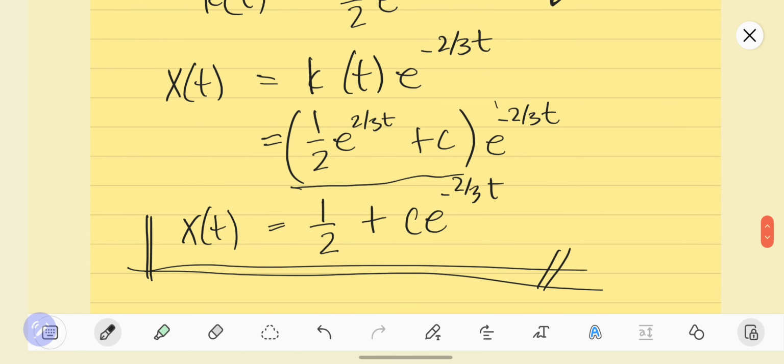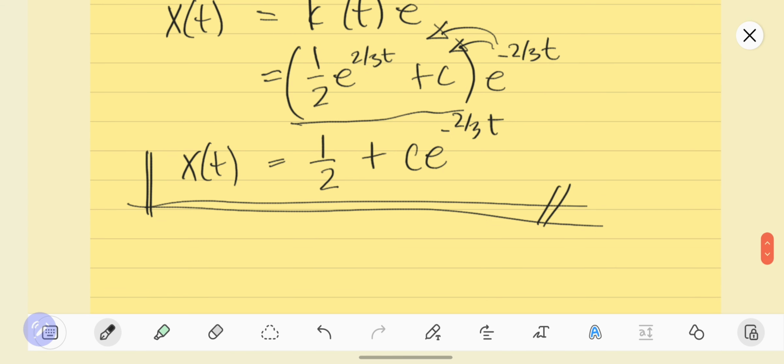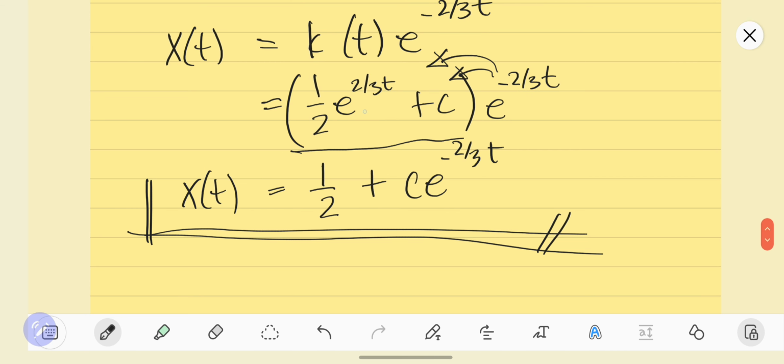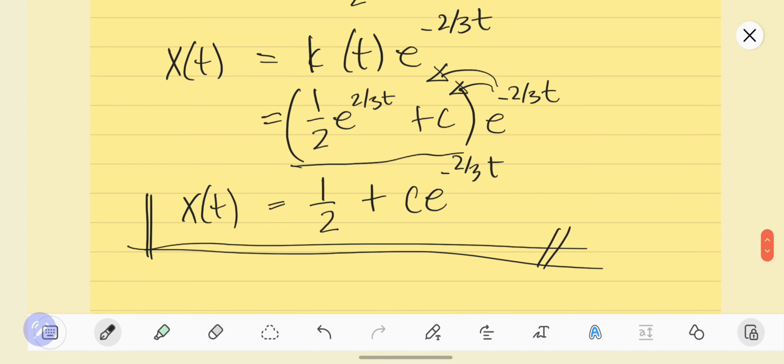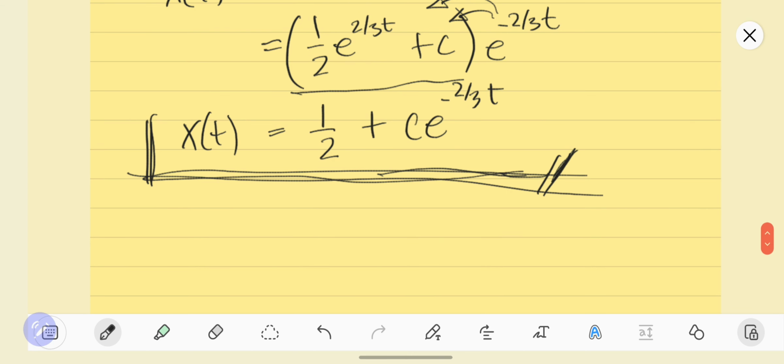Multiplying this out, you get 1/2 e to the 2/3 t times e to the negative 2/3 t, which becomes 1/2, and then c times e to the negative 2/3 t. So this is now your solution. Next problem.